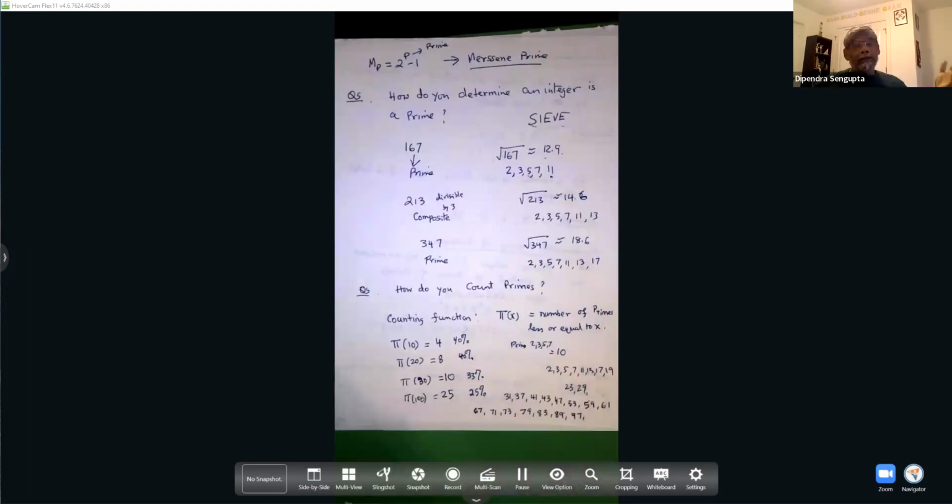So if you go to a million, 50 million, then it will be very rare to find a prime, because this percentage is getting smaller and smaller. So as you go up, primes are very rare to find. That's why it is difficult to find primes.